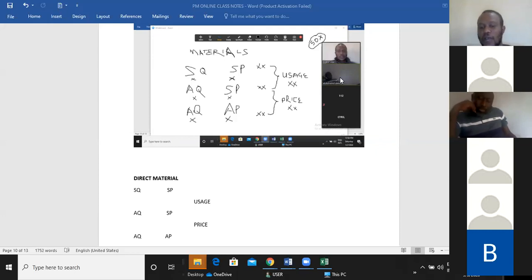Variable production overhead, they've given us the total amount in actual terms, and fixed production overhead, they've given us the total amount in actual terms.